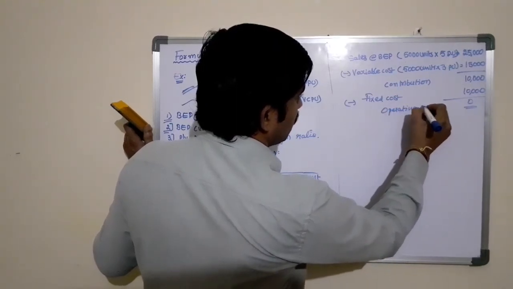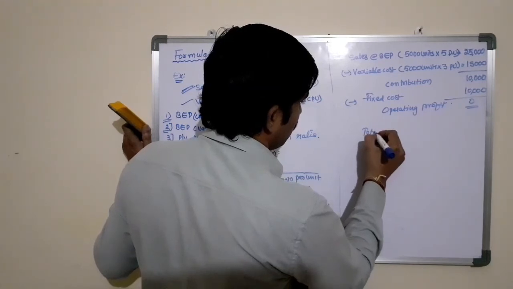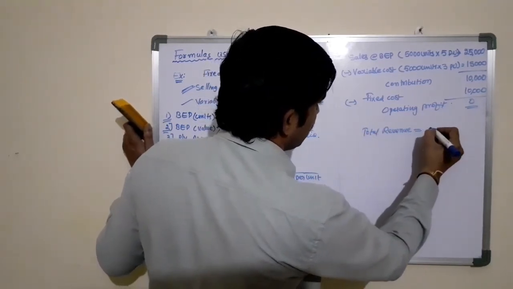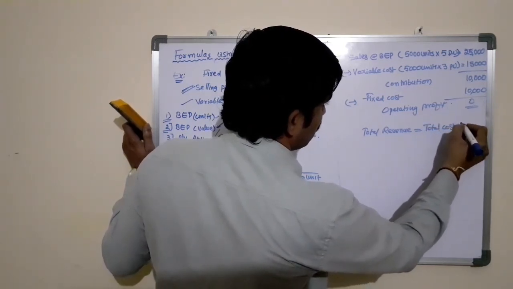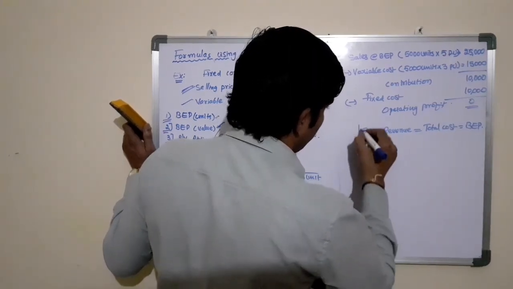Operating profit is 0. It means that total revenue is exactly equal to total cost at the break-even point.